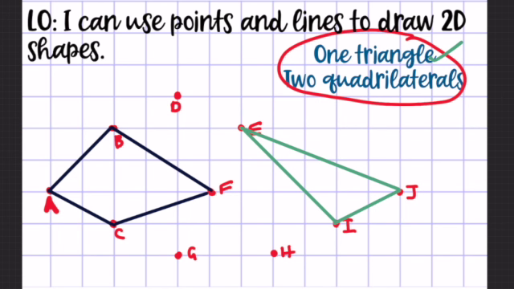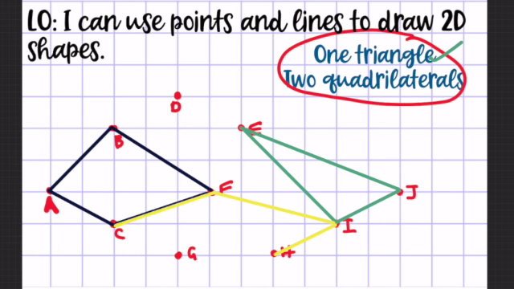And what I'm going to do, I'm going to go from H to I. I'm then going to go from F to I. I'm going to go from F to C. Let's just redo that line.